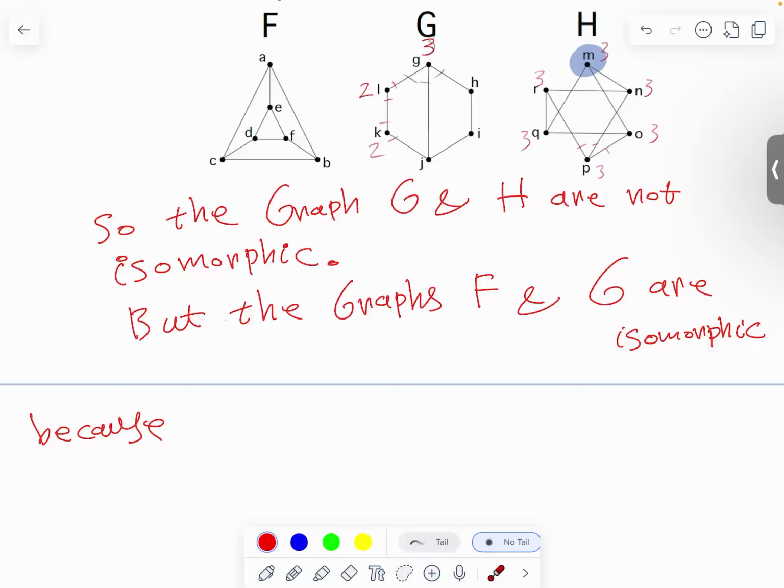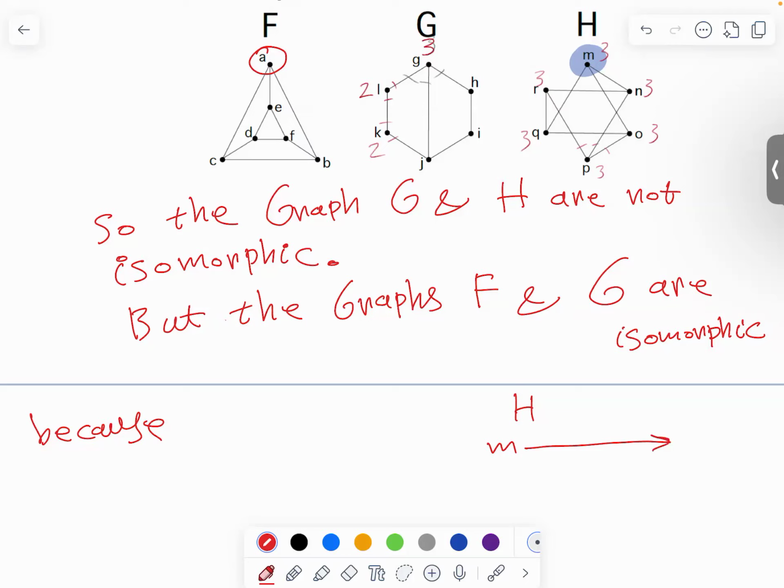So M in H. Look at this one, the vertex M, and I just choose this one by chance. It's degree 3 and that one is degree 3. If it's not working, I can correct myself.